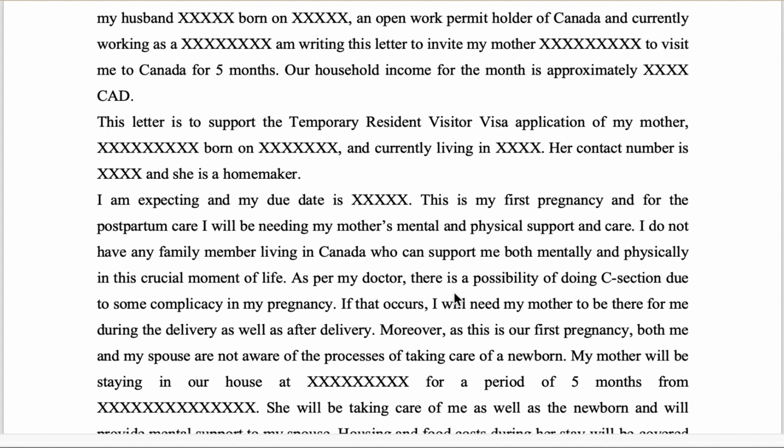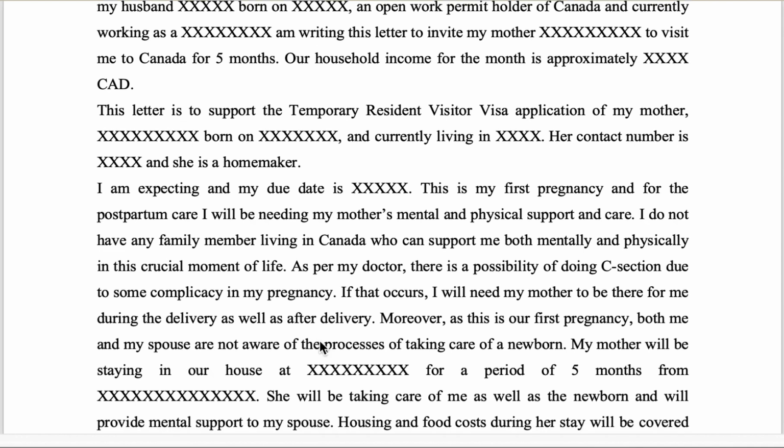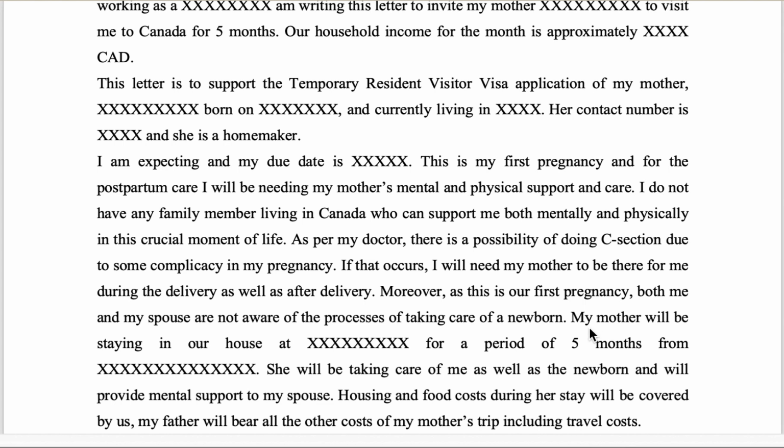As per my doctor, there is a possibility of a C-section due to some complications in my pregnancy. If that occurs, I will need my mother to be there for me during the delivery as well as after delivery. Moreover, as this is our first pregnancy, both me and my spouse are not aware of the processes of taking care of a newborn.